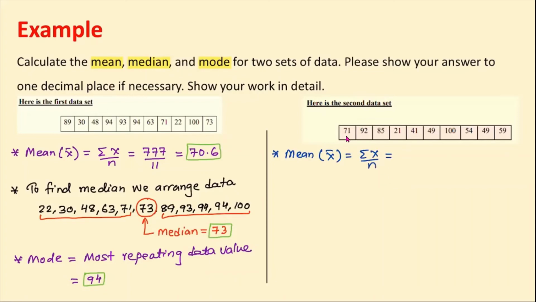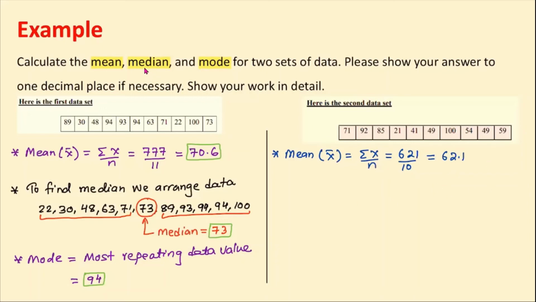If you add all these numbers, 71 plus 92 plus 85 plus 21 plus 41 plus 49 plus 100 plus 54 plus 49 plus 59, it is 621. And we are dividing by the total number of observations. You can see we have 1, 2, 3, 4, 5, 6, 7, 8, 9, 10, so divided by 10. That is equal to 62.1. So the mean for this data set is 62.1.